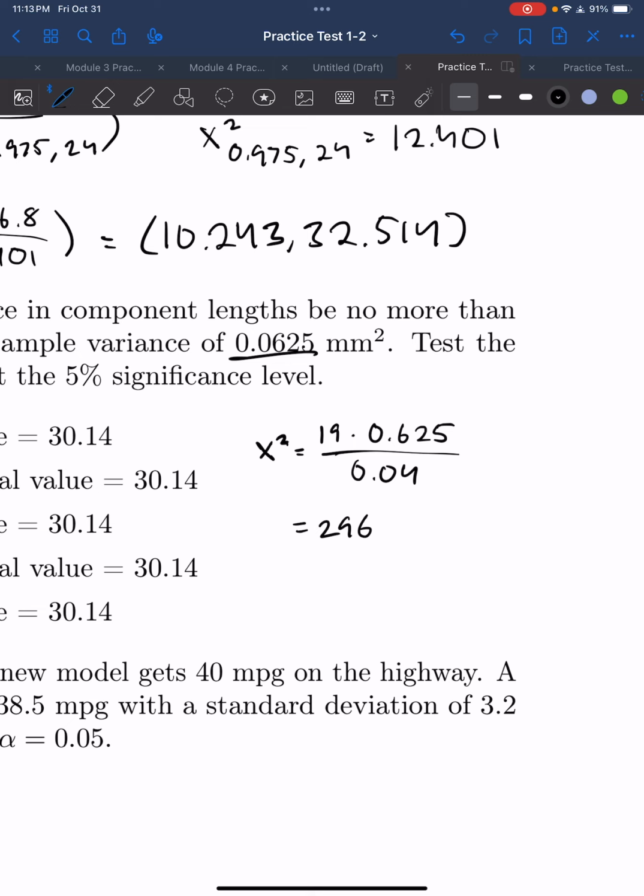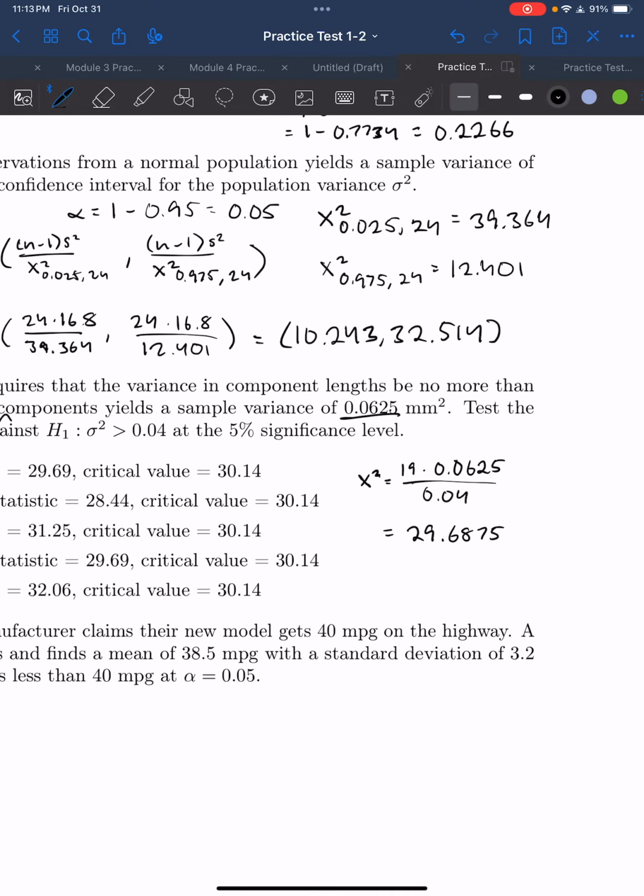Oh, I missed a 0 here, so it's 0.625. So our chi-square value is 29.6875, and we're testing at a 5% significance level, and we're doing a one-tailed test.